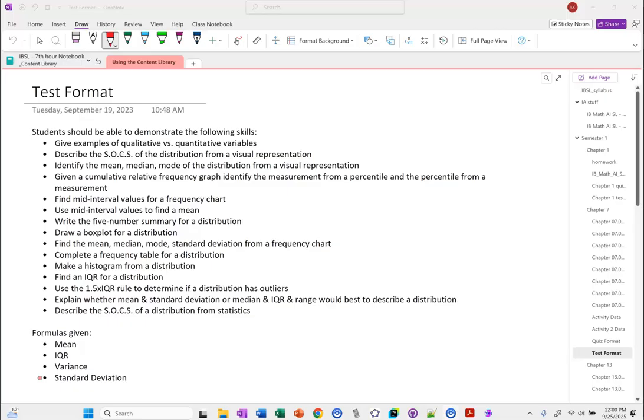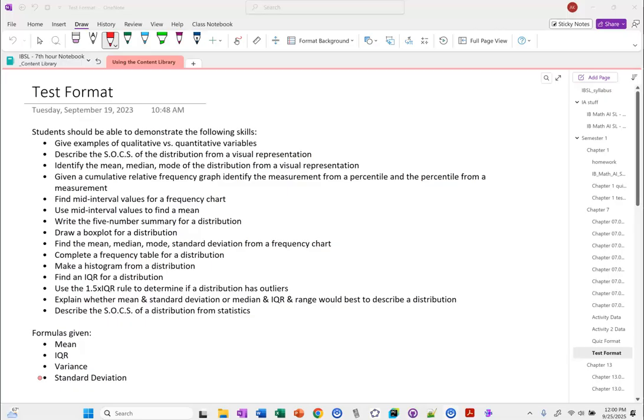So on the board here is the quiz, or I'm sorry, the test details here. What to expect. So you guys should be able to do the following. Give examples of qualitative versus quantitative variables.